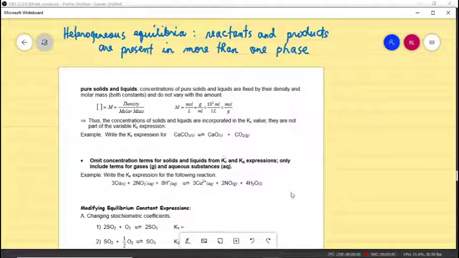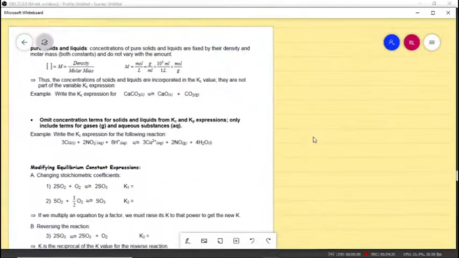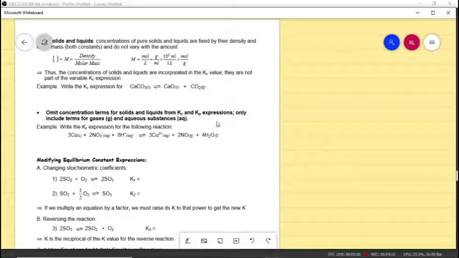So given this case, calcium carbonate decomposes to calcium oxide and carbon dioxide, what is the equilibrium expression for this? You can see here you have calcium carbonate in solid form, calcium oxide in solid form, and carbon dioxide in gaseous form.